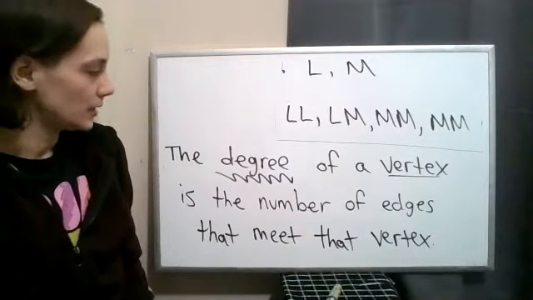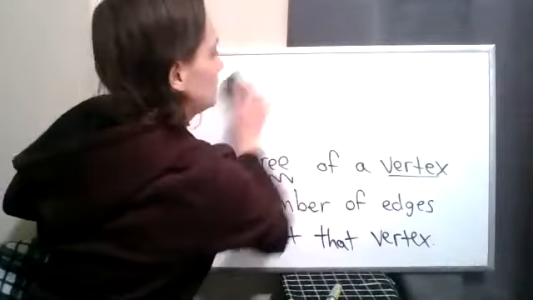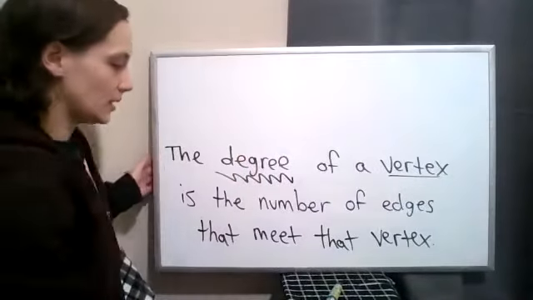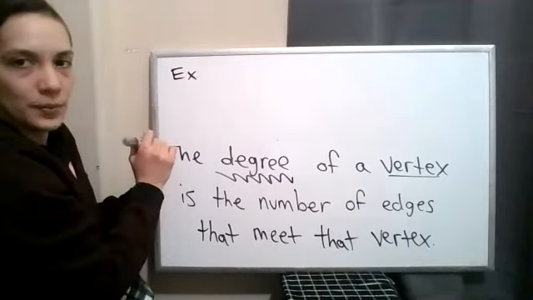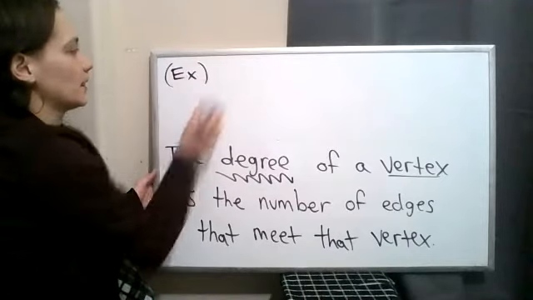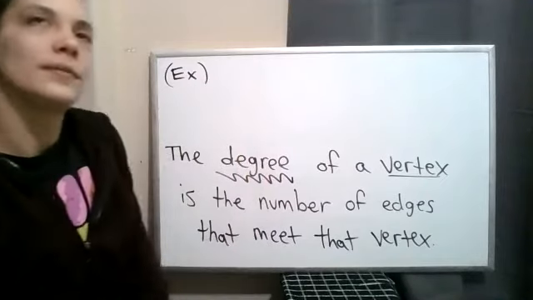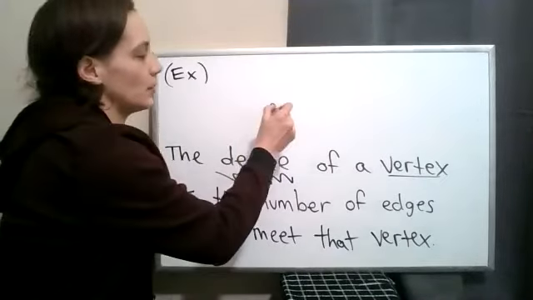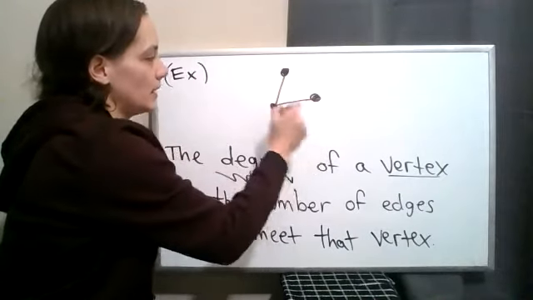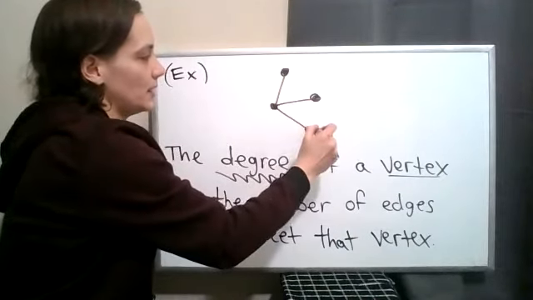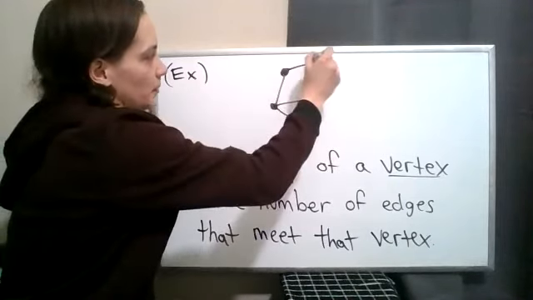So let's start with something simple, like this example. For a graph like this, we'll go from this dot over here and over there and again with one more here.